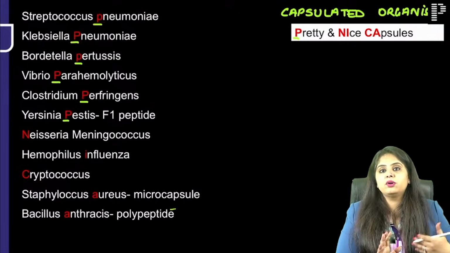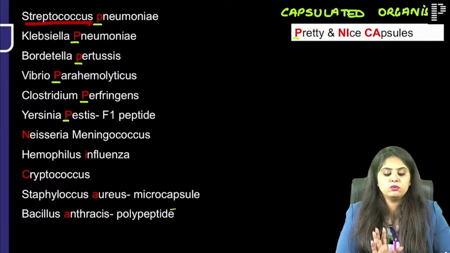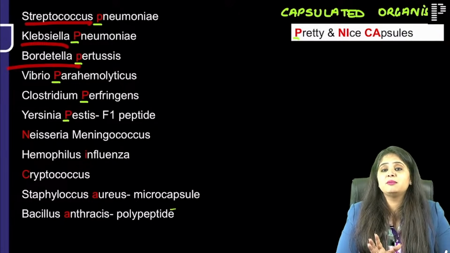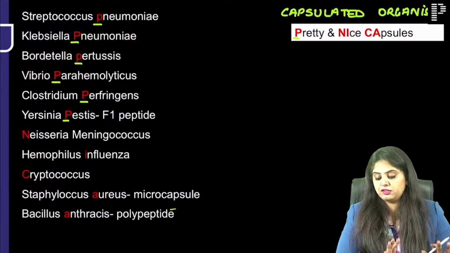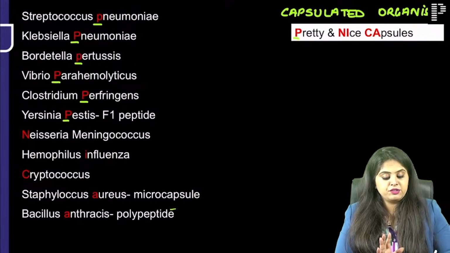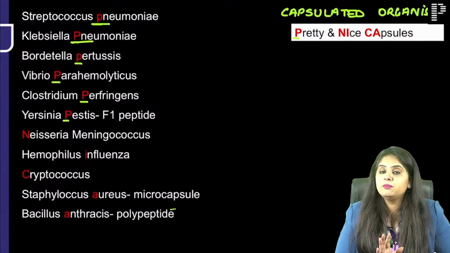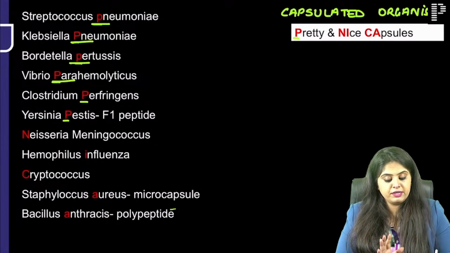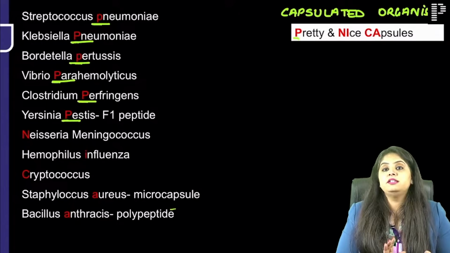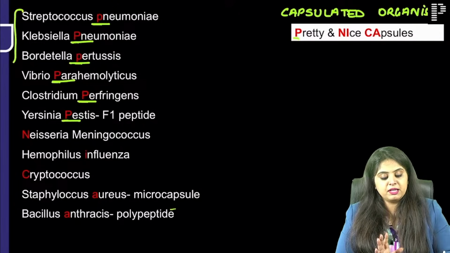So later on, you will study 10 types of Streptococcus, 10 types of Klebsiella, 10 types of Bordetella, but you will know all the P family members. They are the ones which are going to have the capsules. For now, this is how you learn it: Streptococcus pneumoniae, Klebsiella pneumoniae, Bordetella pertussis, Vibrio parahaemolyticus, Clostridium perfringens and Yersinia pestis. In each family, the P member is going to have a capsule.